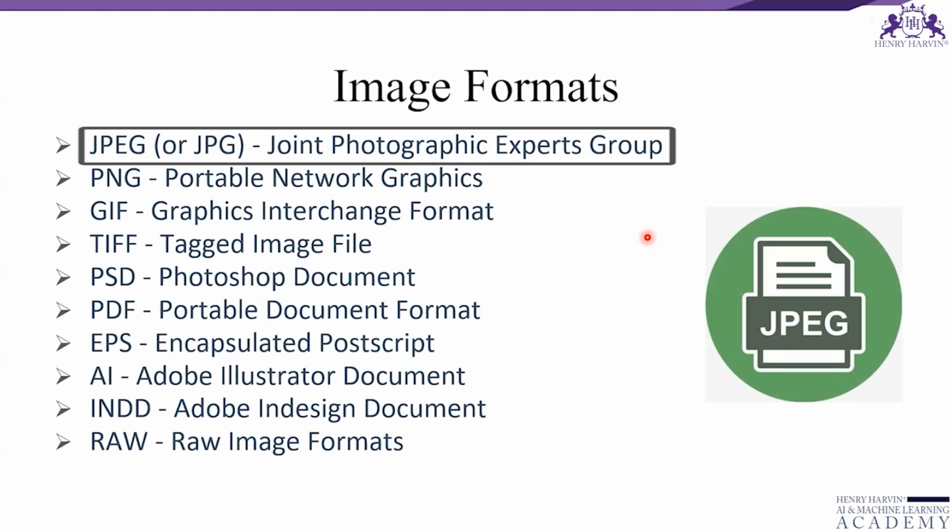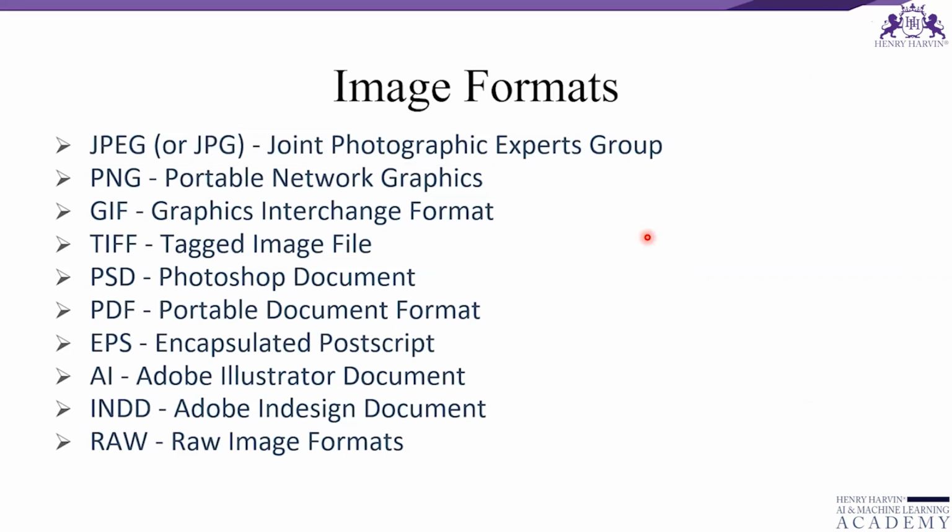So JPEG, or JPG, which is nothing but Joint Photographic Experts Group. This is the most common file type we run across on the web, and in your company's MS Word version also, and it is called lossy compression, meaning that the quality of the image decreases as the file size decreases.